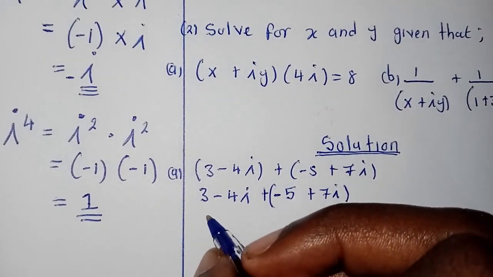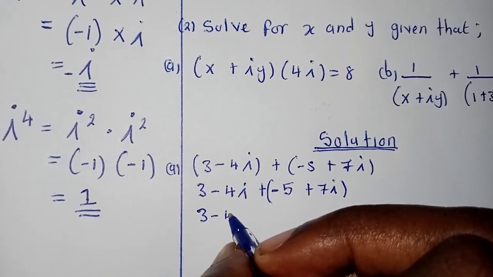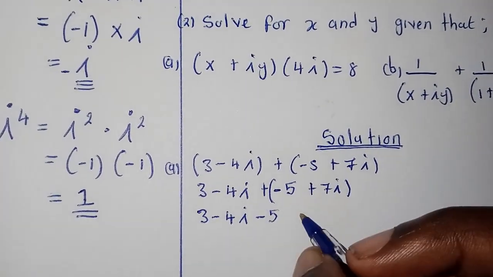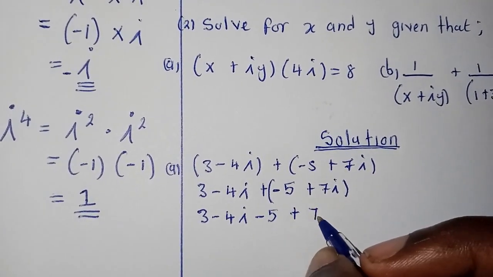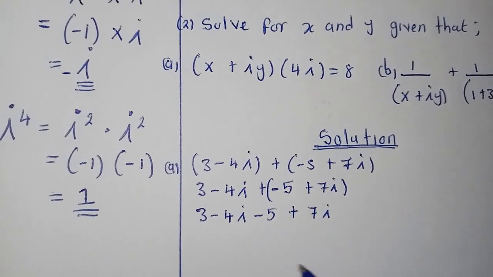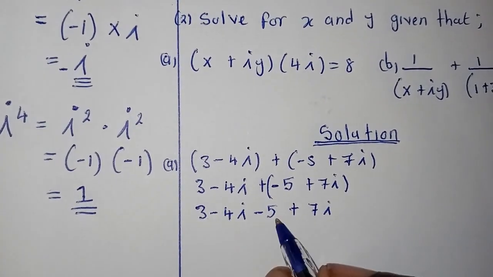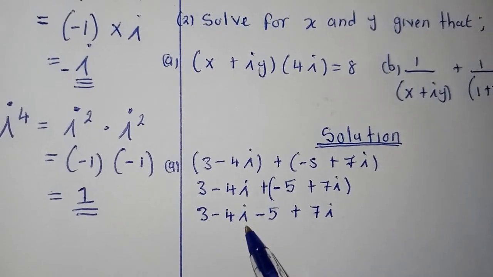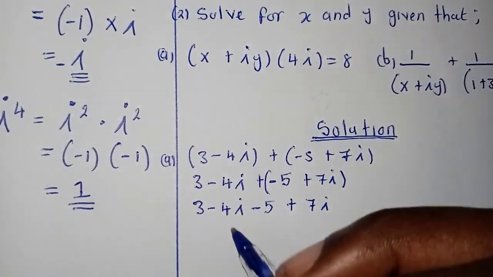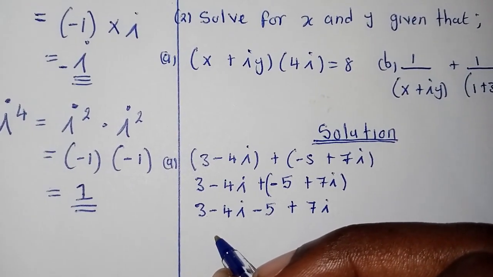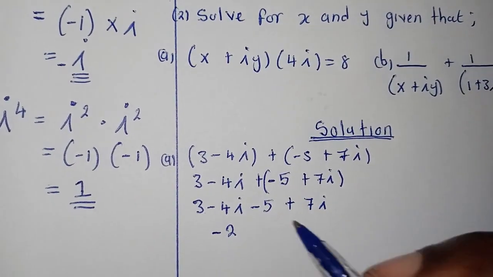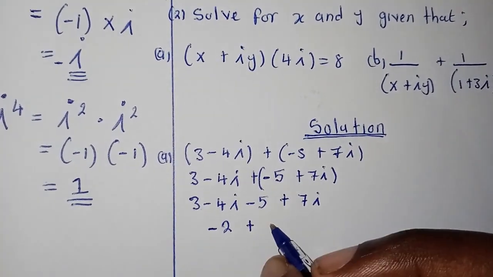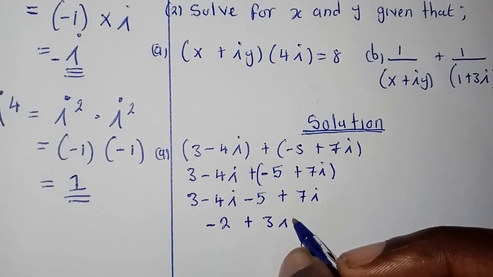So this is just the same as 3 minus 4i minus 5 plus 7i. So we know that this and this are real numbers. So we add all real numbers together. This will give us negative 2. Then we add all imaginary numbers together. This will give us positive 3i.